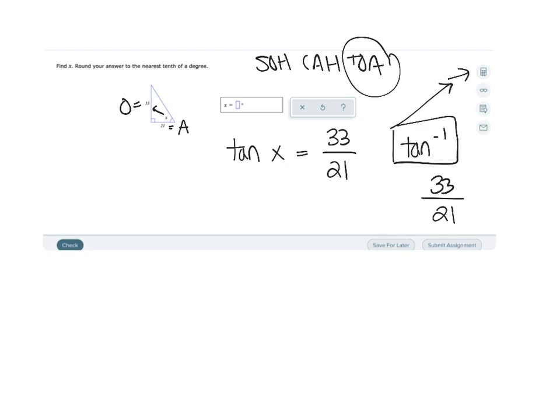On my calculator here, I get tan inverse of 33 divided by 21, and it wants you to round to the nearest tenth of a degree, so you should get 57.5 degrees for your answer there. Anytime it's asking for an angle, you're going to use that symbol on the calculator called tan inverse.